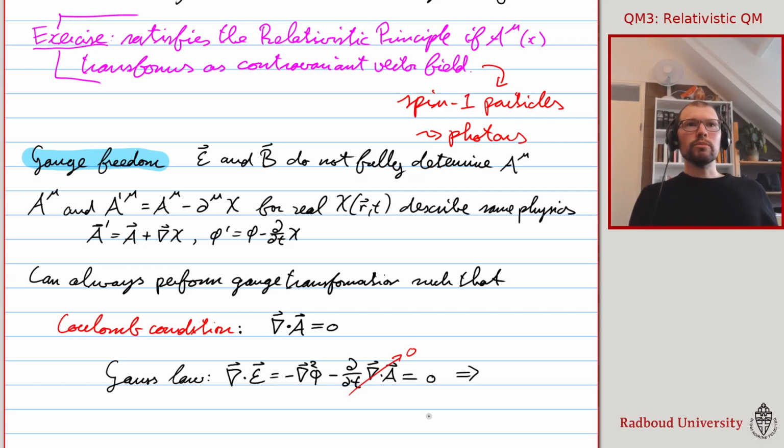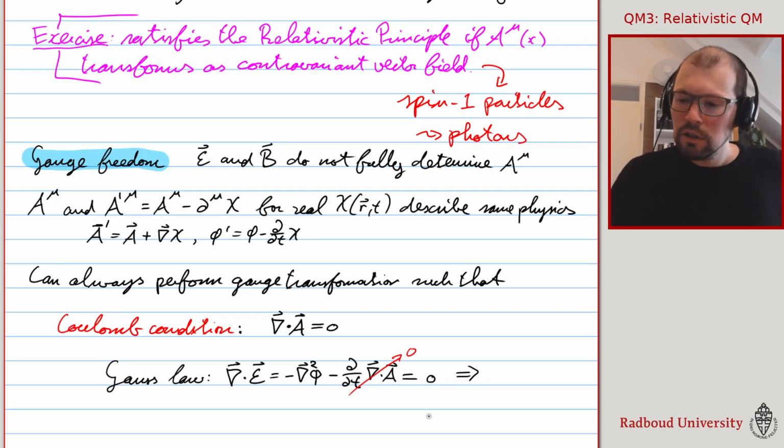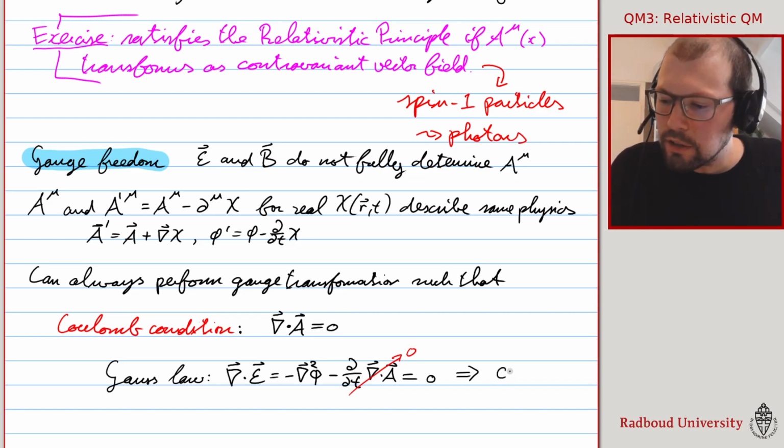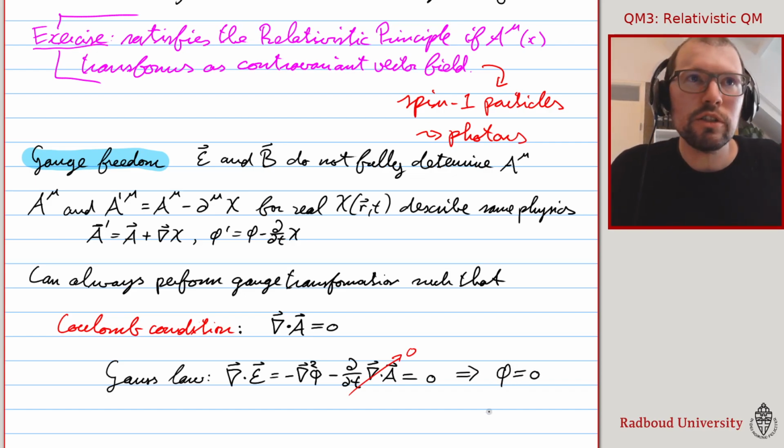So if we assume that the scalar potential vanishes at infinity or falls off sufficiently fast at infinity, then taking a sufficiently large circle, this average will also vanish. So having a harmonic function that falls off at infinity implies that the harmonic function is actually equal to 0.